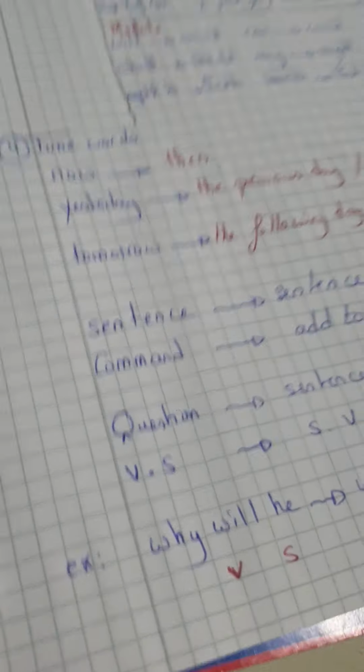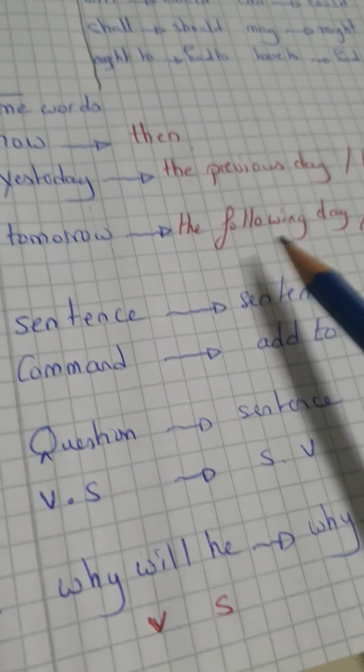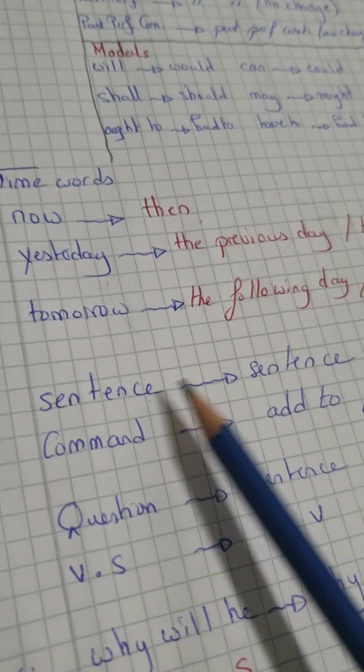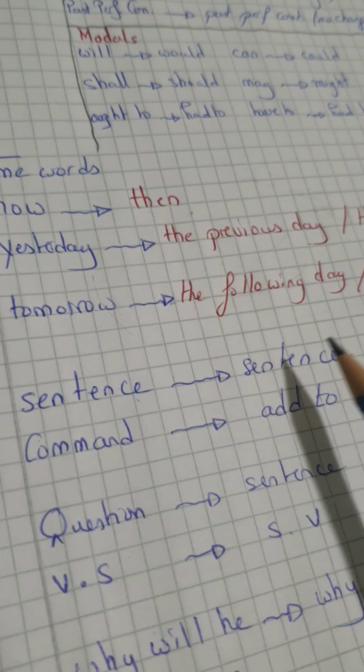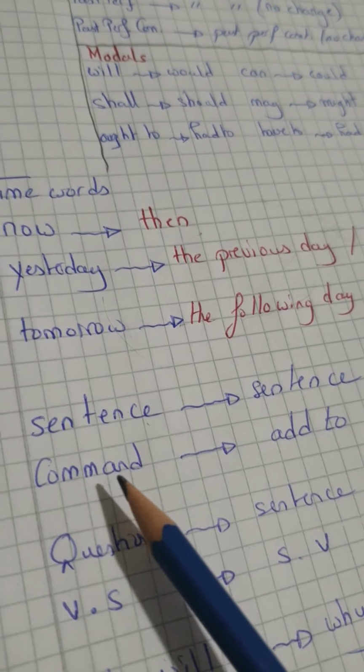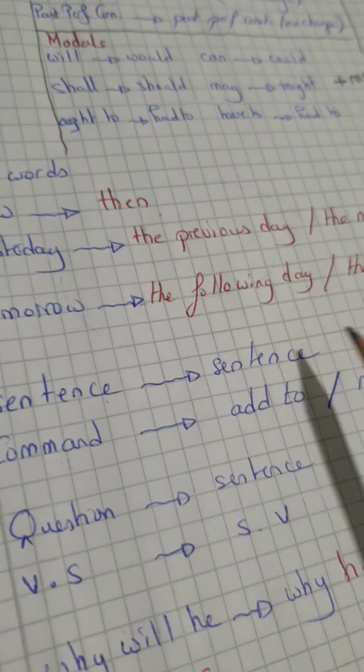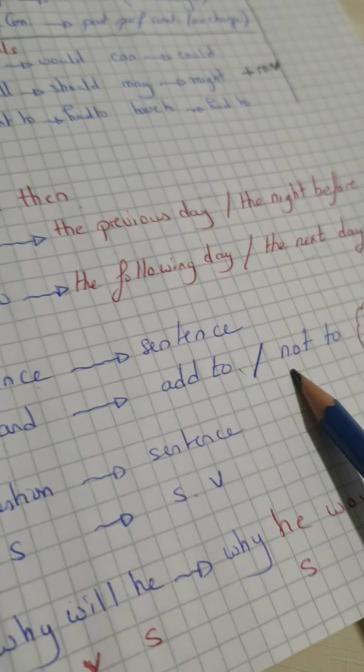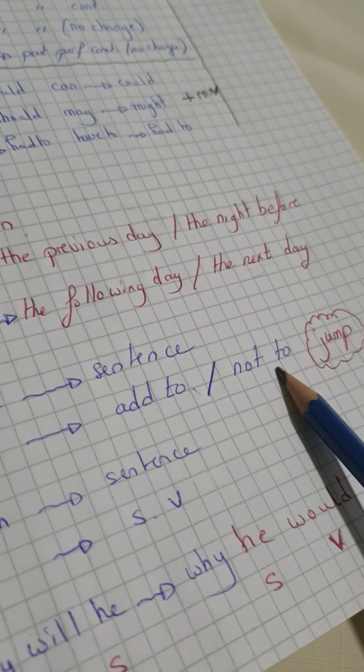One final step before we start with our exercises. If the sentence is a statement, we keep it a statement. By that, you don't change anything. If the sentence is a command, which is an order, or you have to do something, you add to or not to. And here I teach my students a trick in Arabic.